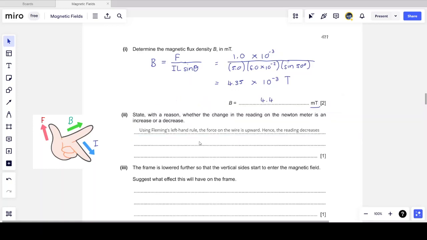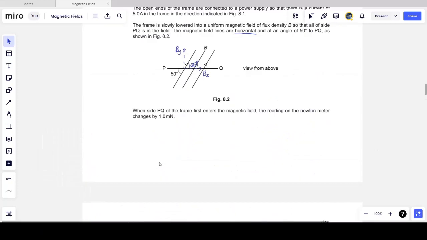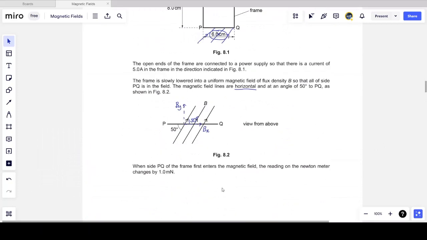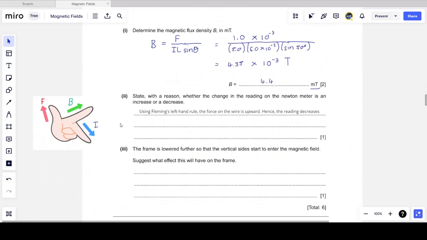I don't have to write a long explanation, I don't have to draw Fleming's left-hand rule, but you're going to use it to determine if the force on the wire is upward. So my middle finger points left to right, my index finger points into the page, and that leaves my thumb naturally, the force pointing upward. So that portion of the wire PQ is being pushed upward, and hence the Newton meter reading decreases.